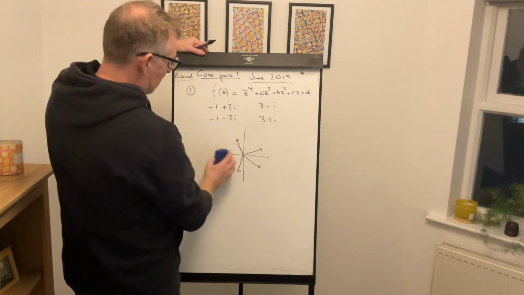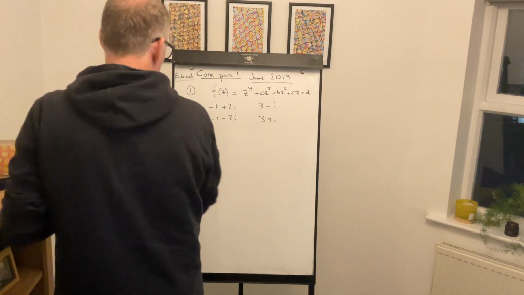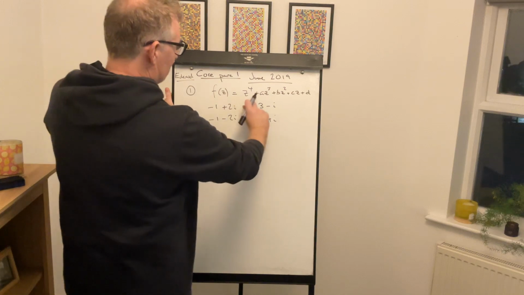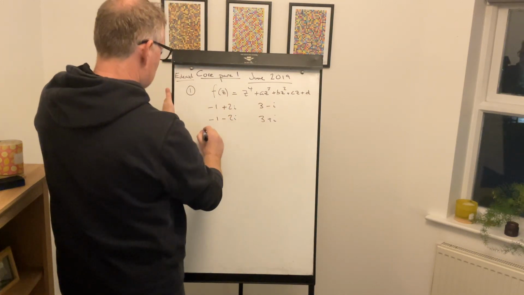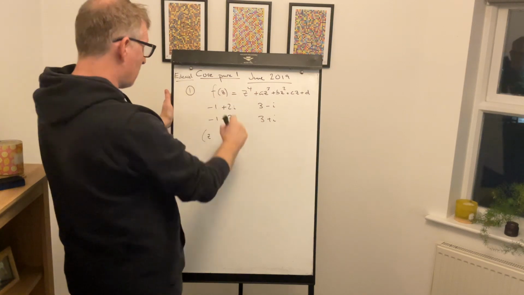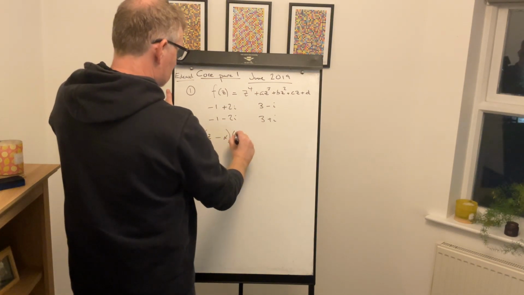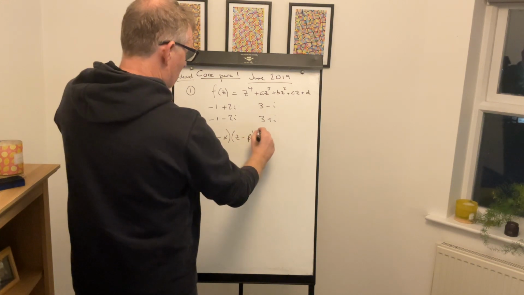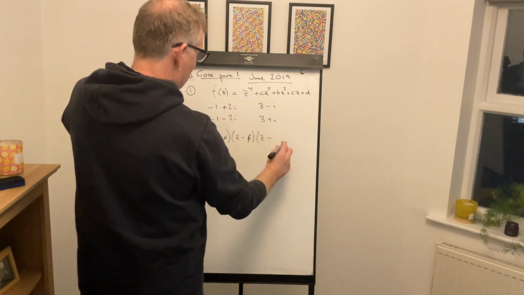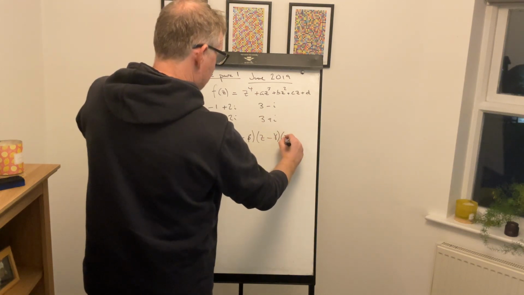The easiest way, I think, is to realise that this being a quartic, with no coefficient in front of the z to the 4, we could basically have this kind of situation where our 4 roots are alpha, beta, gamma and delta.